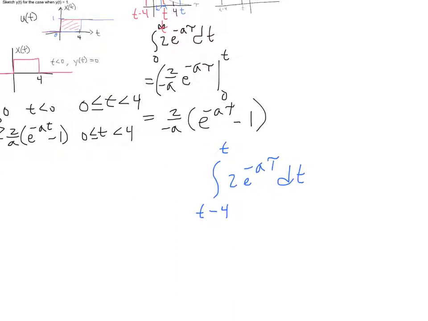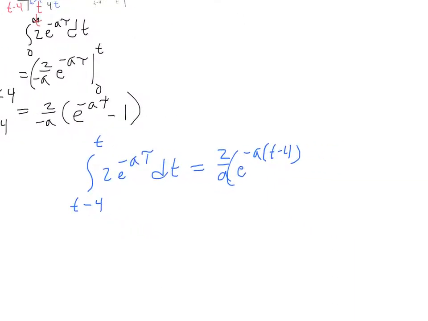And so that's going to equal, pull the constant out, e to the negative a t minus 4 minus e to the negative a t.